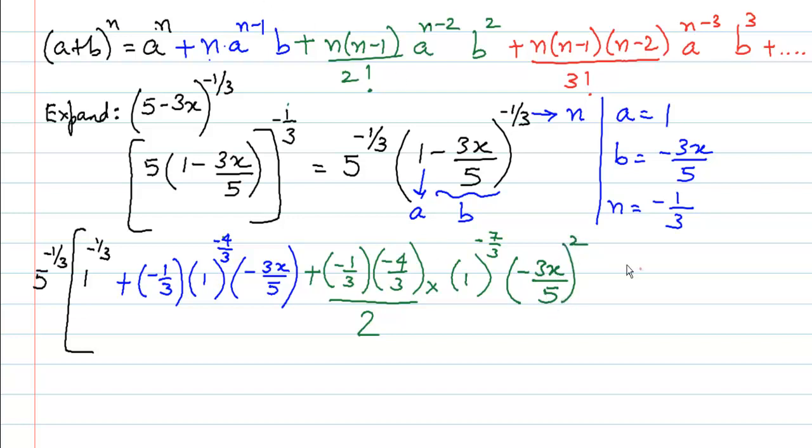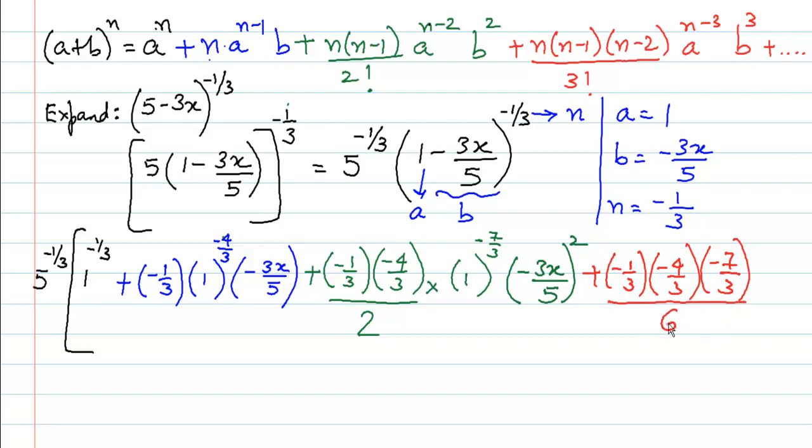Now let's go to the next term, plus n into n minus 1 into n minus 2. So we have n as minus 1 upon 3, into n minus 1 is minus 4 upon 3, into n minus 2 is minus 7 upon 3. The whole upon 3 factorial, 3 into 2 into 1.